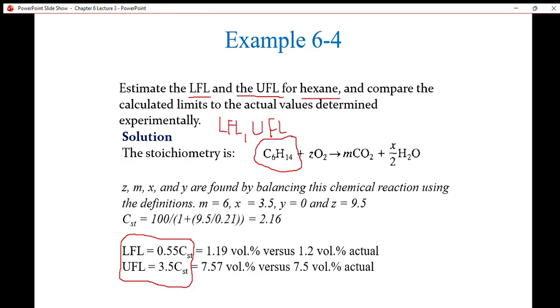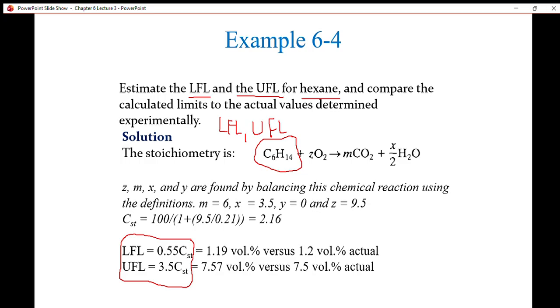You can find this by first writing the oxidation equation for hexane, where C6H14 plus oxygen gives CO2 and H2O. And now I'm going to balance the equation. You have two options: follow the previous equation that we have seen to calculate Z exactly, or simply balance the equation, and from the balance you get the Z value for that equation.